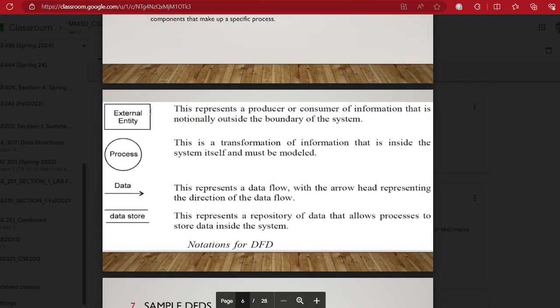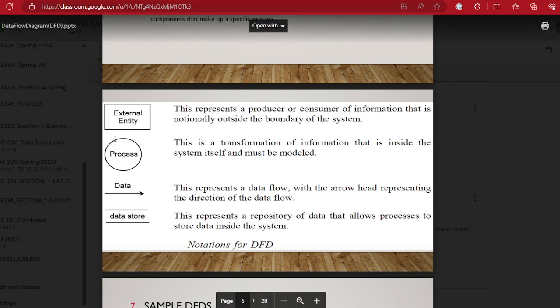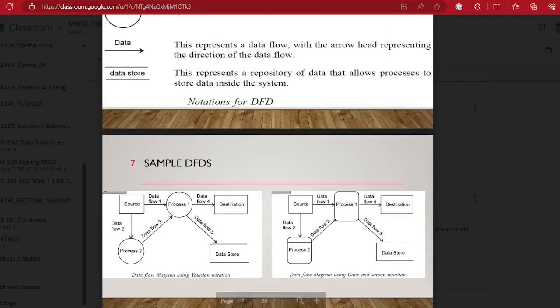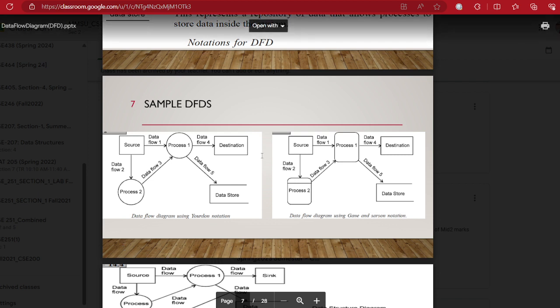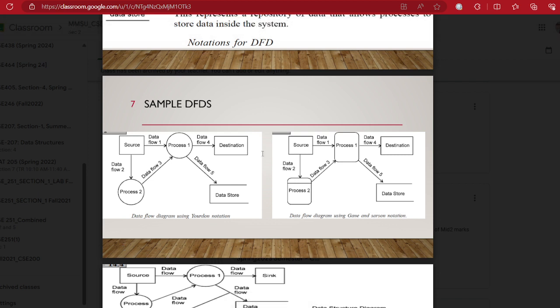Again, we simply revise the terms that we learned. Okay, sample DFDs. The data flow diagram can expand up to three levels: level 0, level 1, and level 2. And how we can represent the data flow diagrams: level 0 is the most simple form.